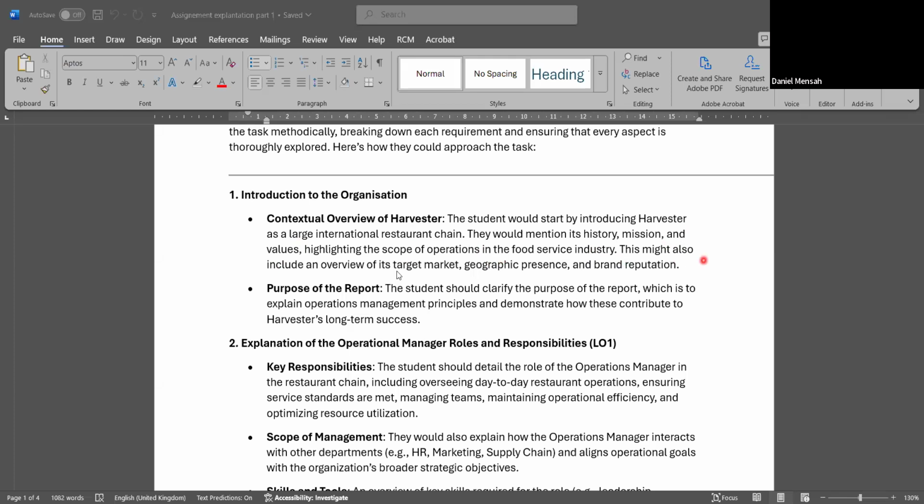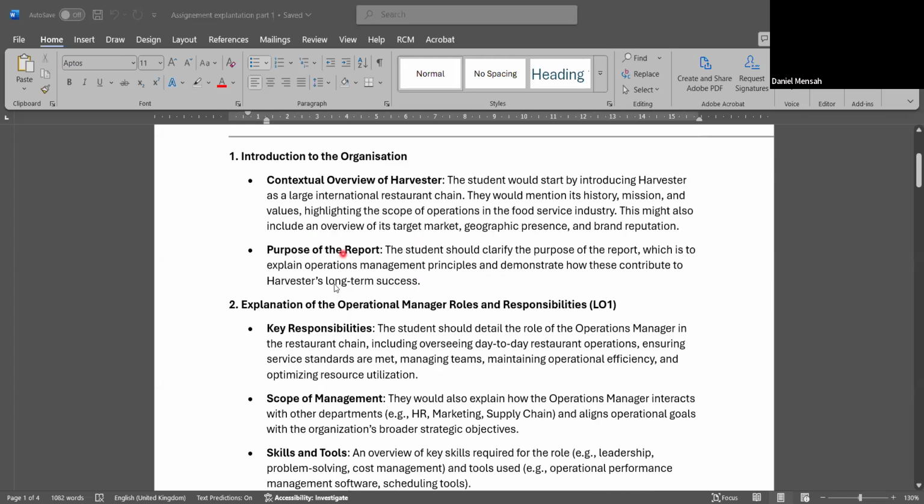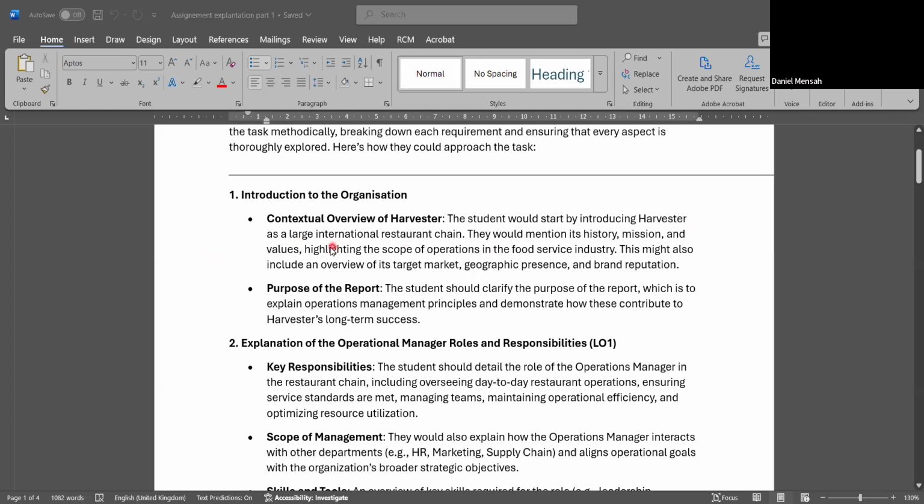This might also include an overview of its target market, geographic presence, and brand. Then you are going to mention the purpose of the report, what you are creating this report for. So you are giving an explanation or introduction of your organization, okay?